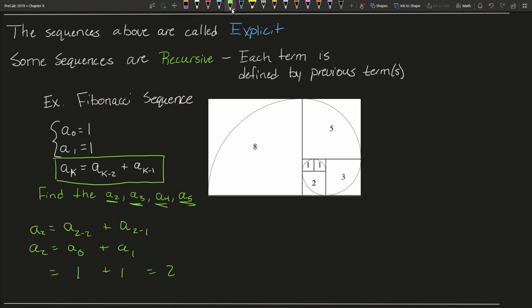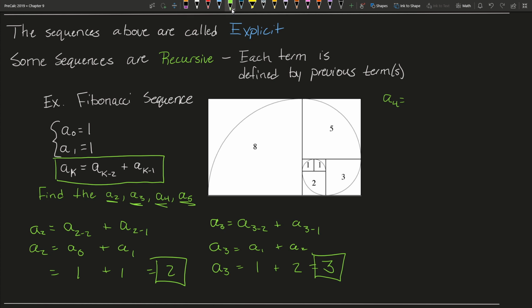All right, you do the same thing for a3. And again, the third term is the sum of the first term and the second term. That's what this is saying. And we can do the same for the fourth and the fifth term.